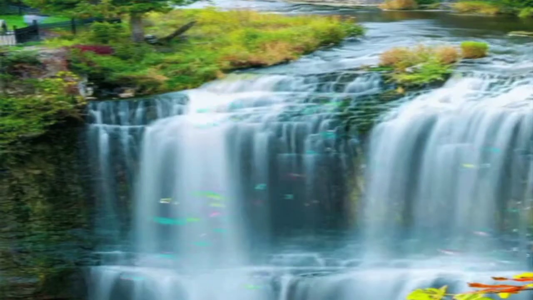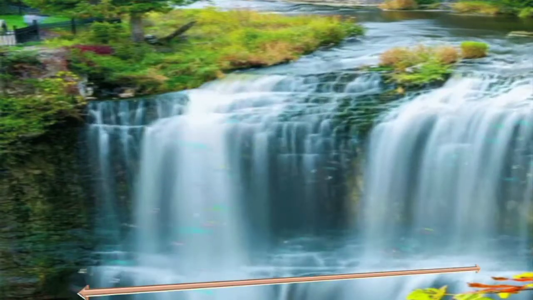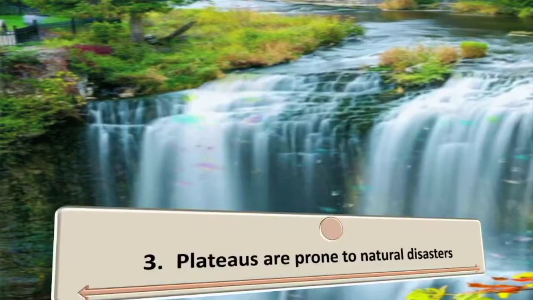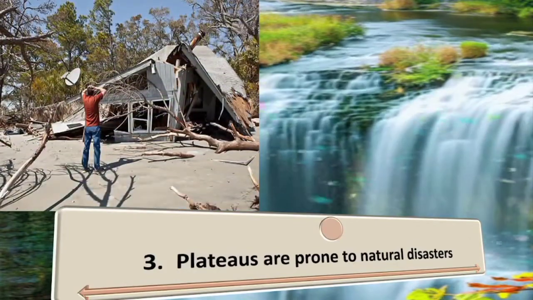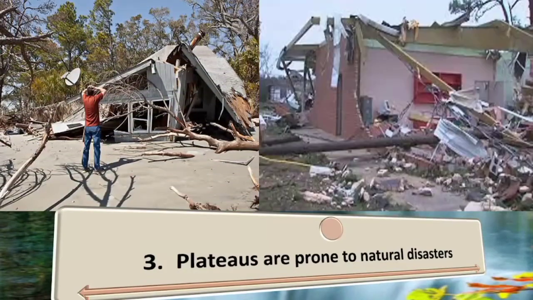From there, take the next, which is plateau being prone to natural disasters. When we talk about natural disasters, we're referring to those occurrences that happen naturally, like, for instance, your volcanic eruption, and also your earthquake.